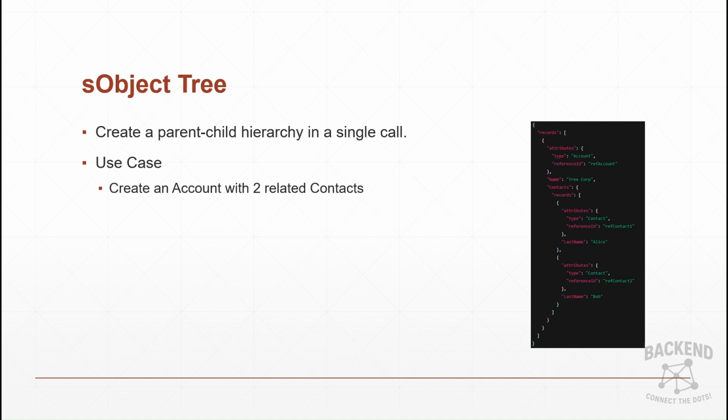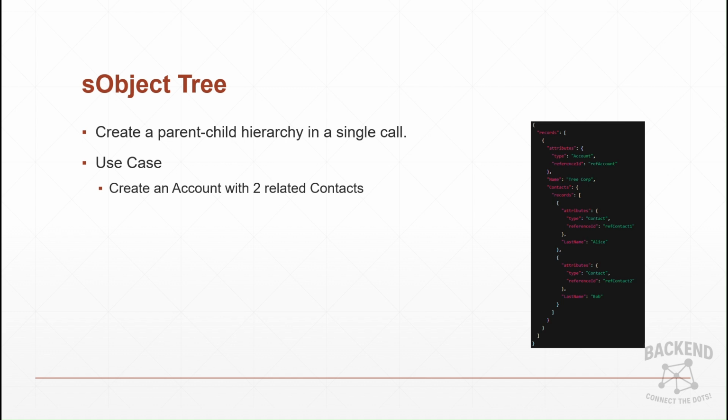For example, you can create a parent account, and under the account you can create multiple contacts. The contact might have leads, and leads can also have line items, and you can go up to five levels in depth from the parent.